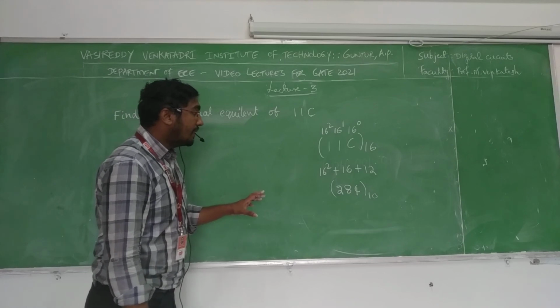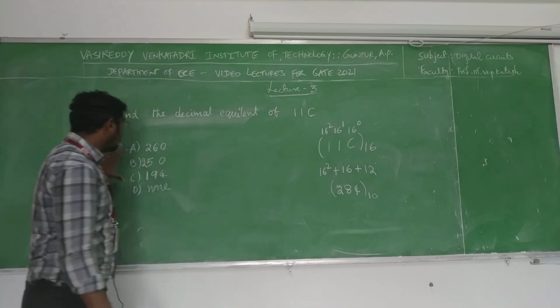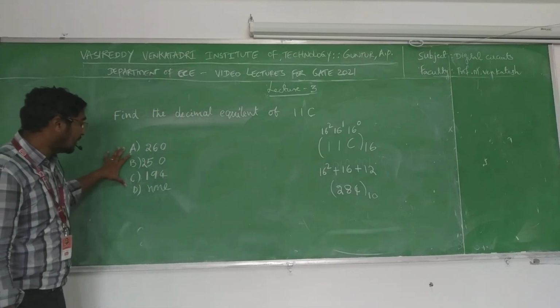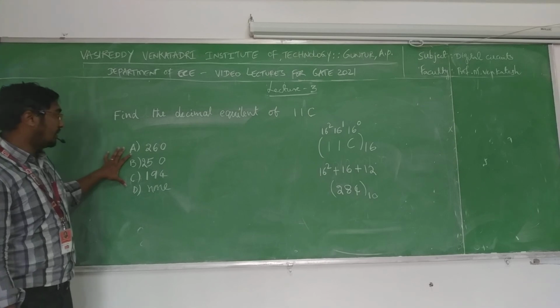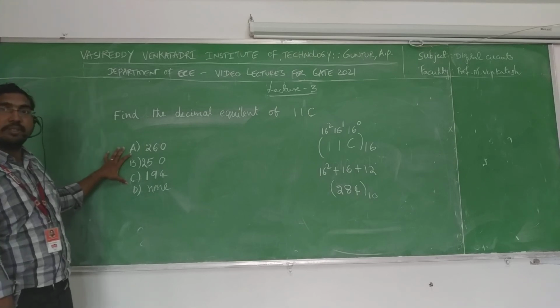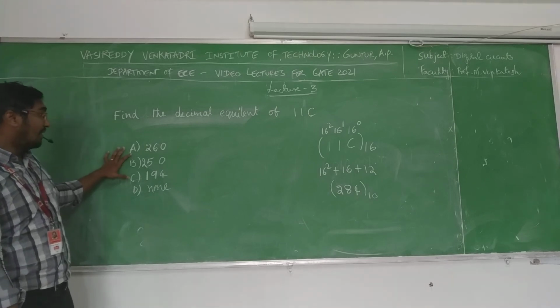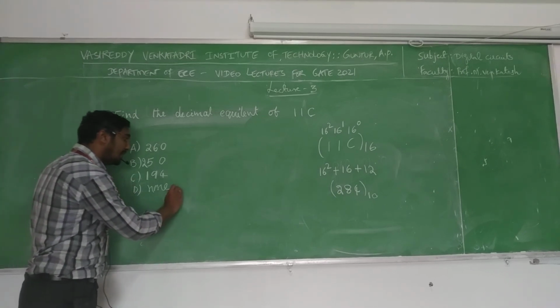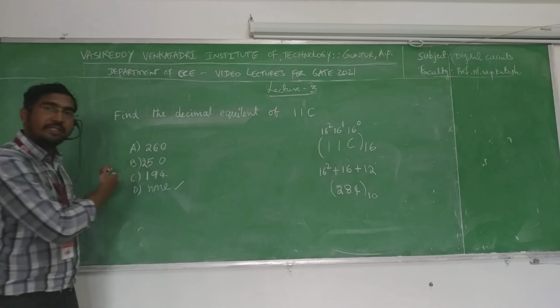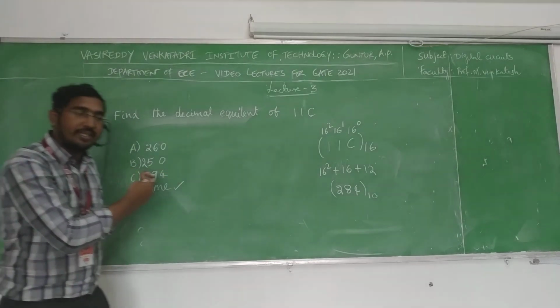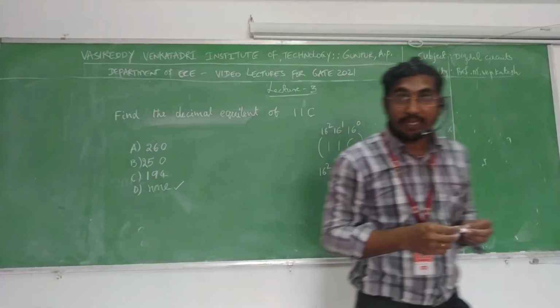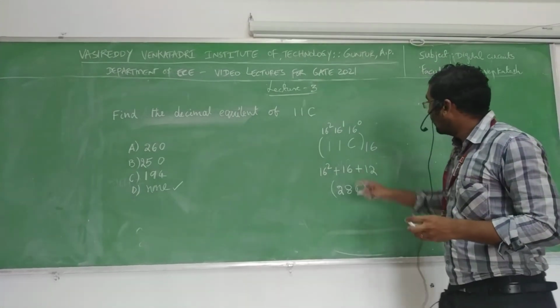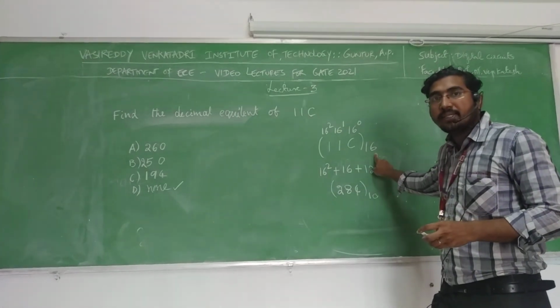Now the answer is 284. When we check the option list, 284 is not here. Can we take option none because 284 is not there? Yes, there is a chance. We can take none if you consider this as 16.